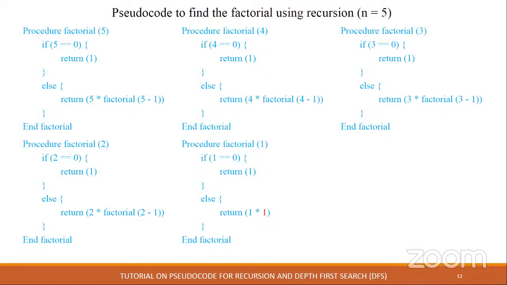I'm not saying it's mandatory or a compulsion as such, but it's strongly recommended not to extend mutual recursion beyond two procedures, unless you are very sure about it and the code is well tested. Otherwise, it's recommended not to go beyond two procedures.